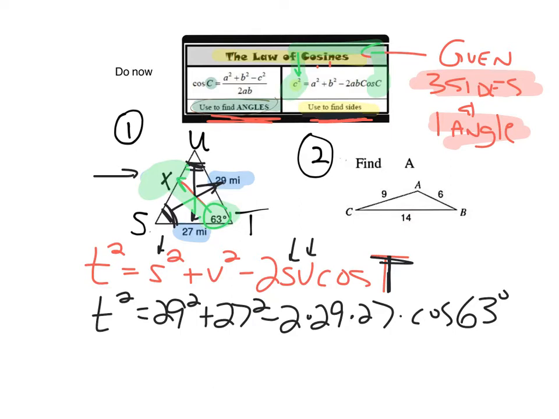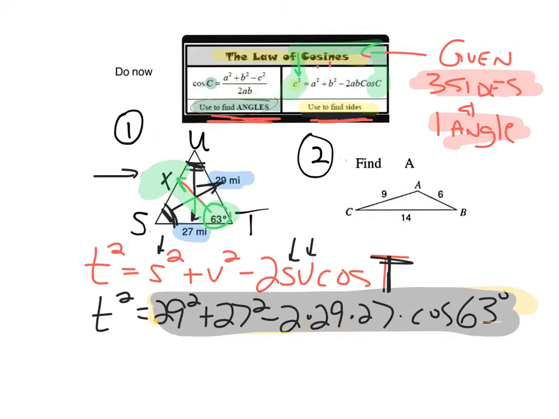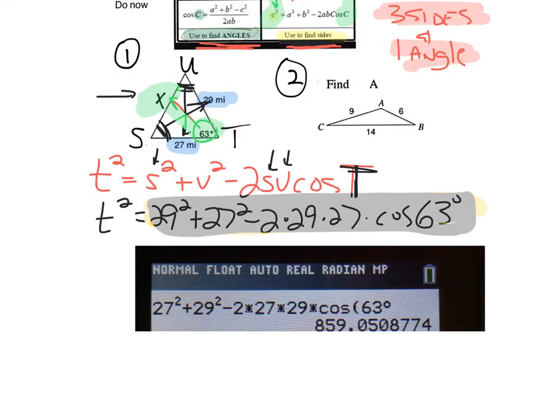Once you have it set up, the law of cosines when you find a side is basically just you now entering the right-hand side of the equation into your calculator. You're basically just going to be typing in exactly what you see. 29 squared plus 27 squared minus 2 times 29 times 27 times the cosine of 63. So here you're going to have T squared is equal to this 859 number.